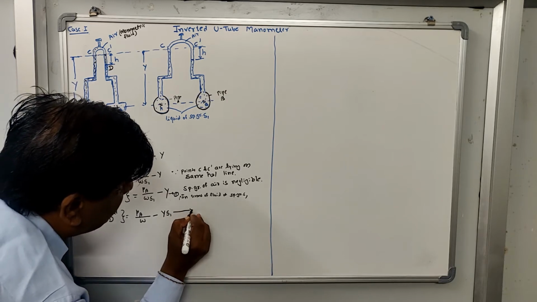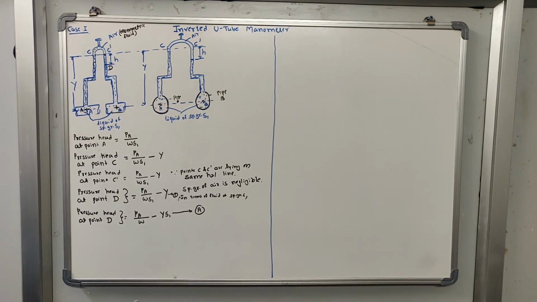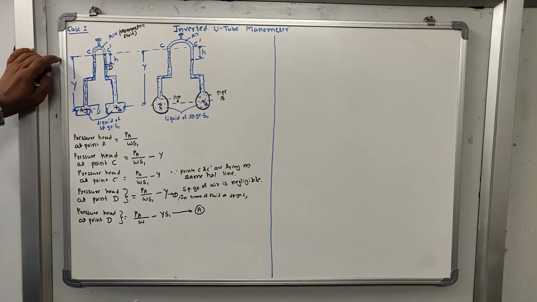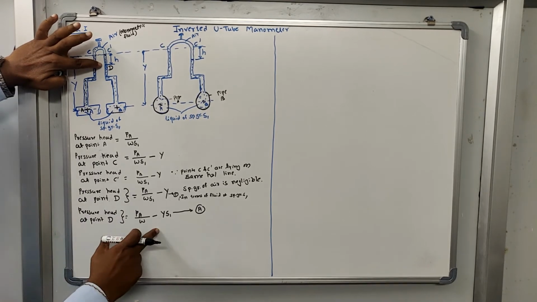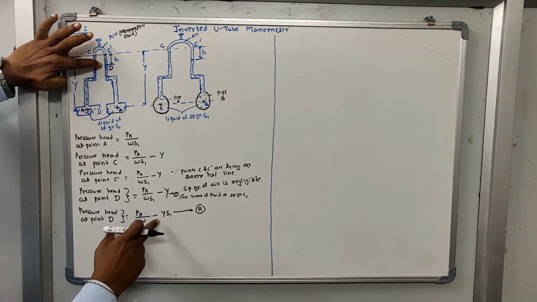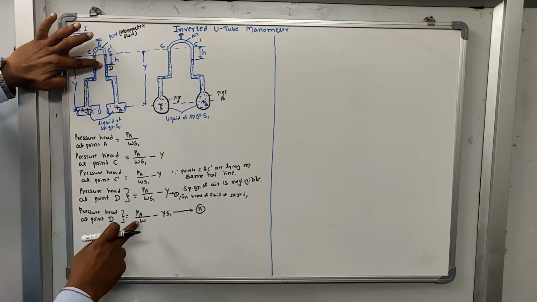So you can call this equation A. Okay, so equation A gives you the pressure gauge equation in terms of water.